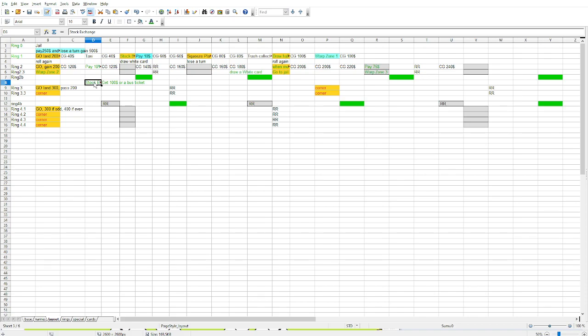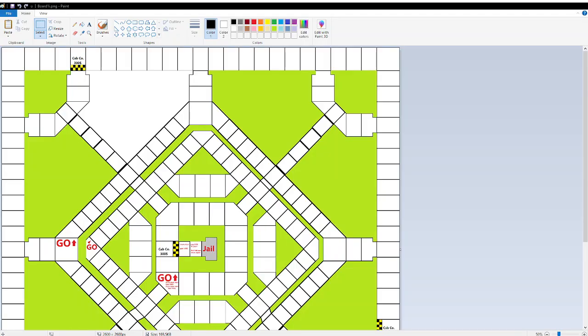Okay, so one of the stock exchanges is going to be here. The stock exchange that I put on the ring, I think putting it over here would be good.